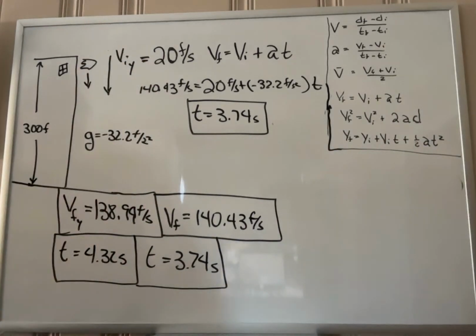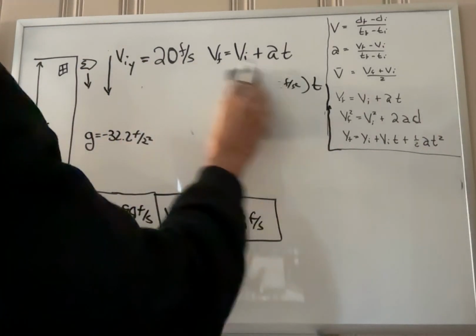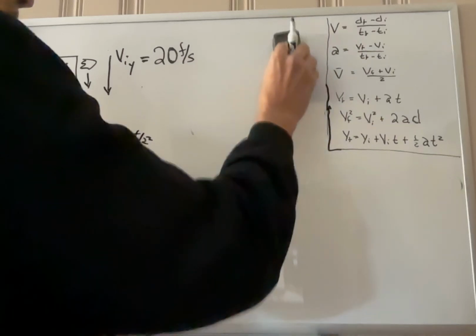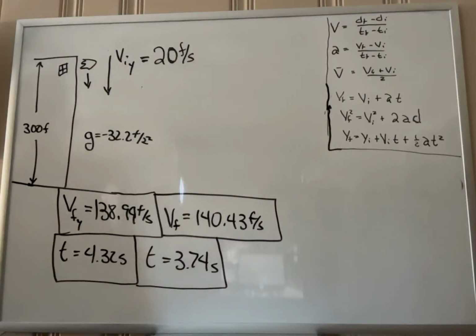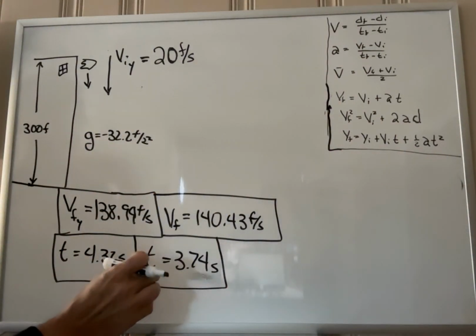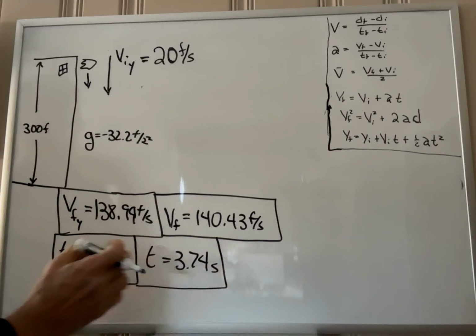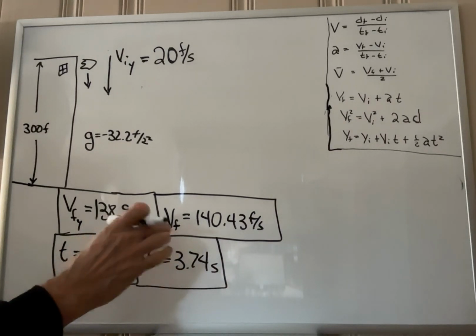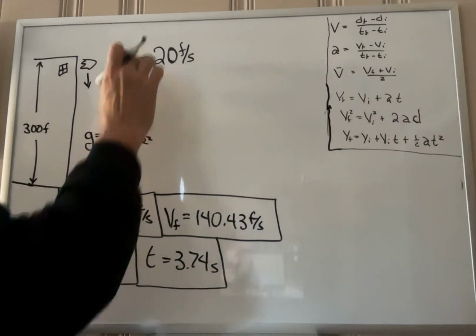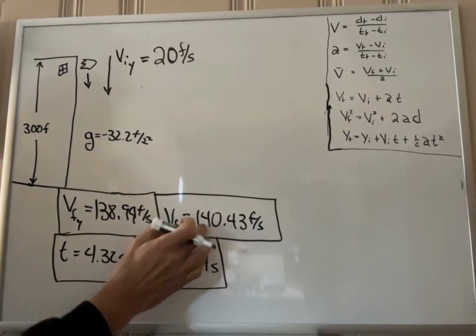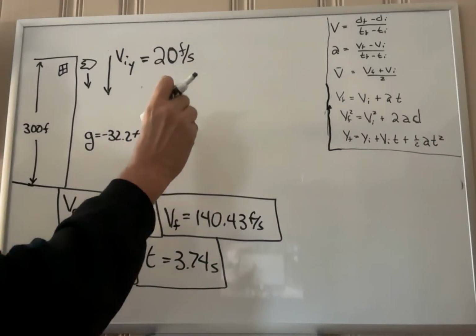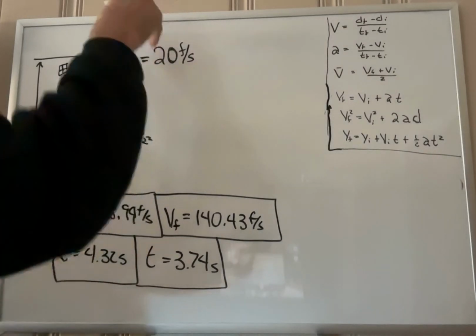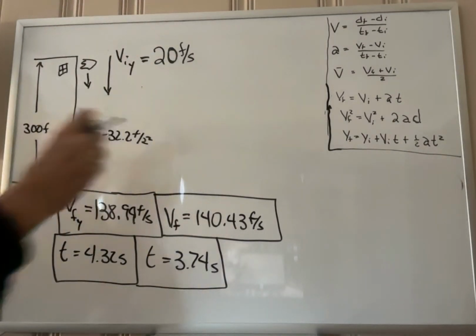All right, so look at the difference between these two. When you throw this down, you don't really get that much more velocity, and it's only by maybe a half a second more. The reason why you don't add these two numbers, and why that result is really high, is because gravity just does not have enough time to work on whatever's dropping.